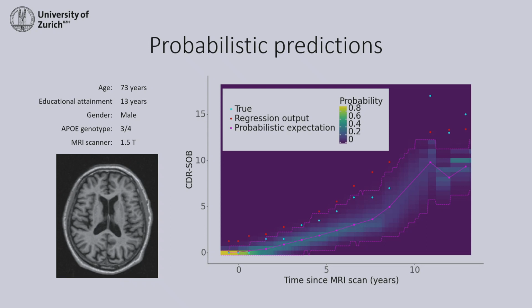And you can see that the probabilistic expectation does not really match well with the true values, which are shown in light blue. But the confidence interval really covers the data. And we can measure these across time, and we get a good coverage for the true CDR SOBs. And it's also nice that the uncertainty of the model increases with time, or the confidence is lessened.